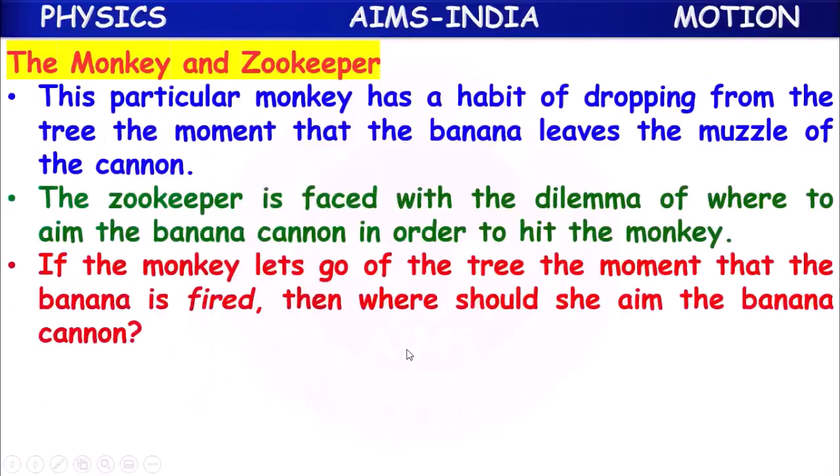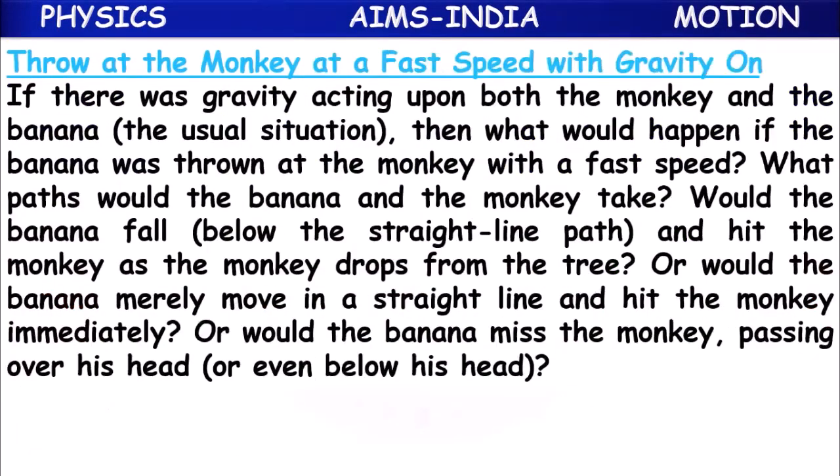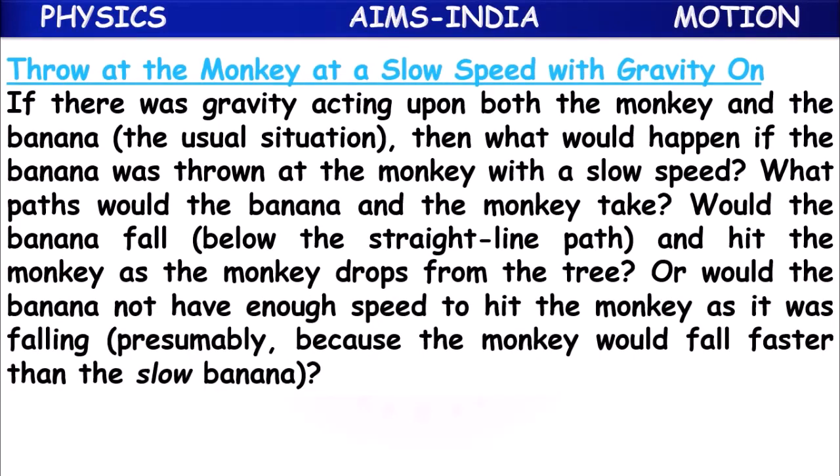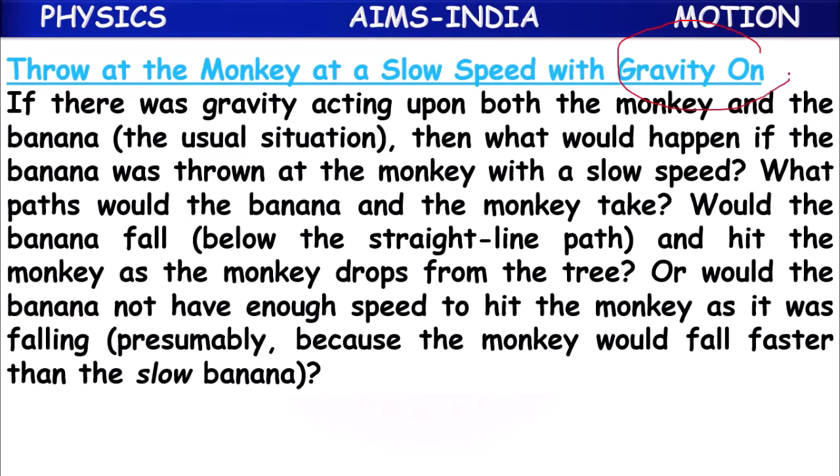Okay, children. From these four cases, what we have understood is that because gravity is acting on the environment, the zookeeper always aims towards the monkey. The monkey may come down. If he uses greater speed, it will hit the monkey at a greater height.